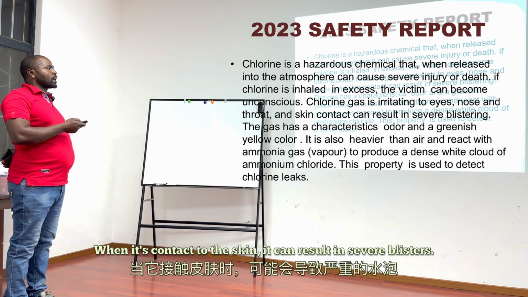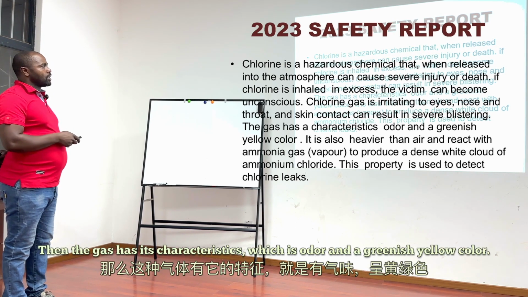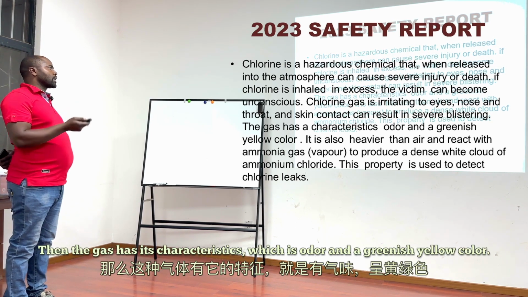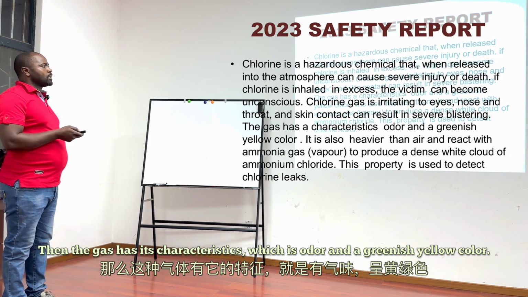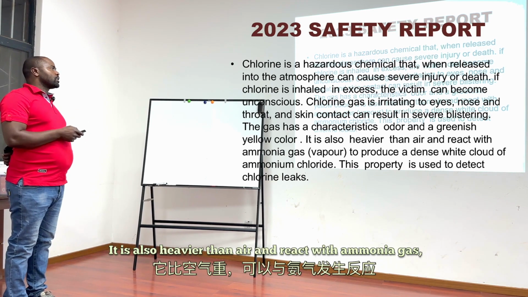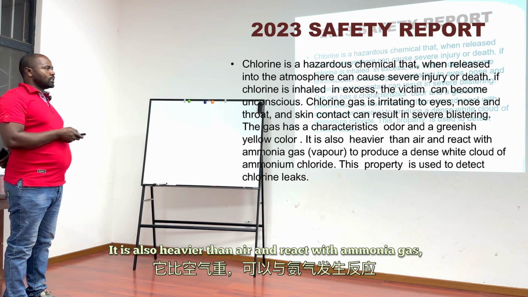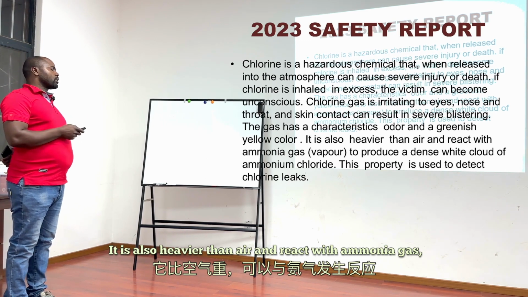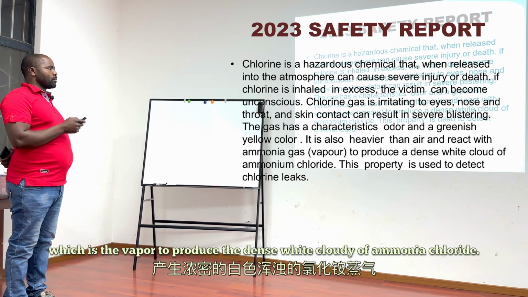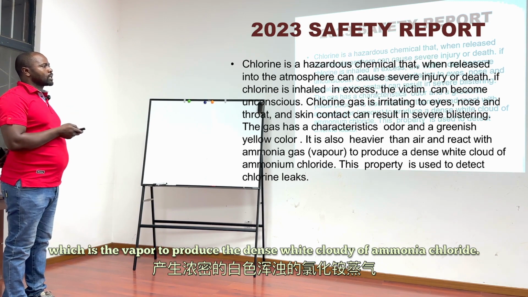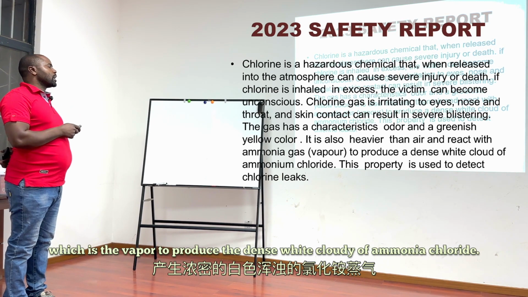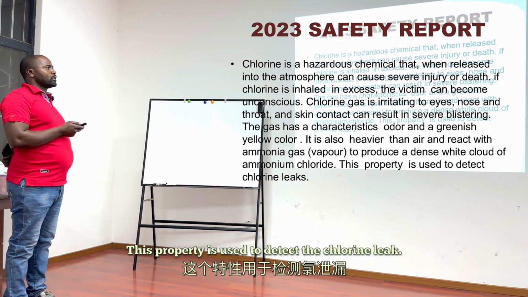When it contacts the skin, it can result in severe blisters. The gas has a characteristic odor and a greenish yellow color. It is also heavier than air and reacts with ammonia vapor to produce a dense white cloud of ammonium chloride. This property is used to detect chlorine leaks.